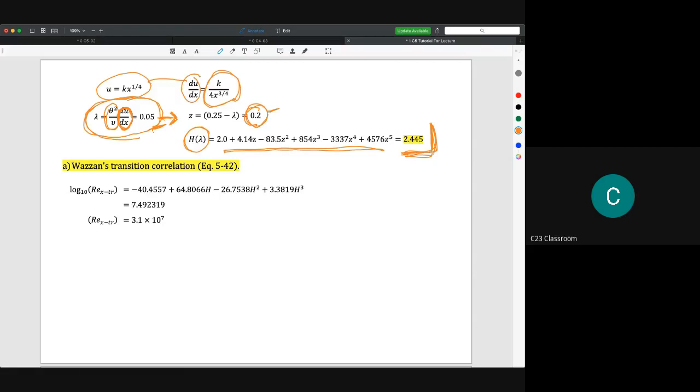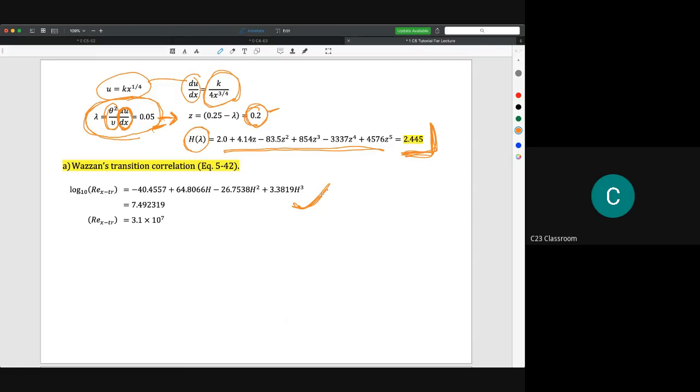And then we just use the Wazan transition correlation. This is the equation. As I said, this is actually a curve fitting. They do experiments and so on and so forth, and they start to implement their own ideas. They trace the curve, and then they start to give an equation.